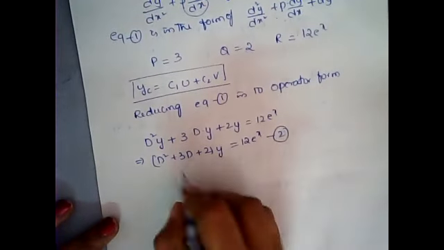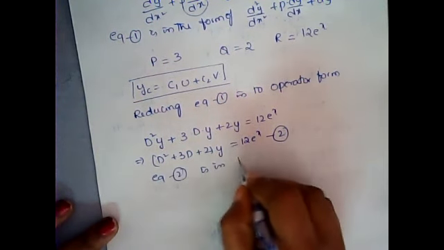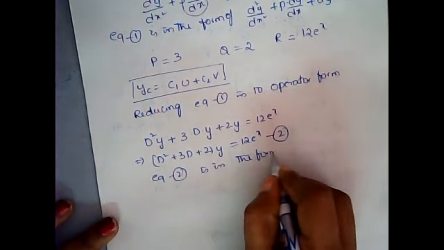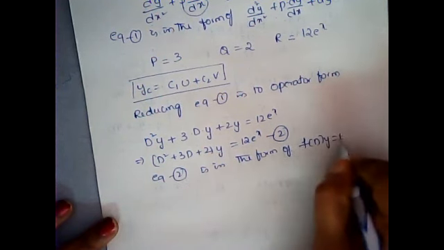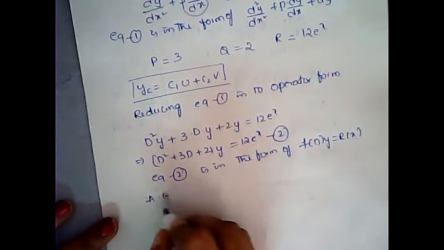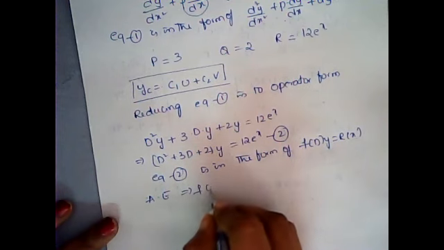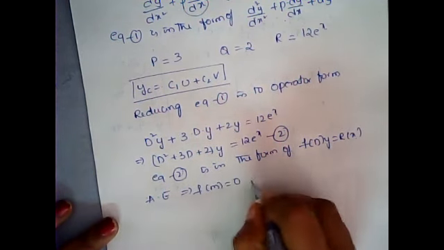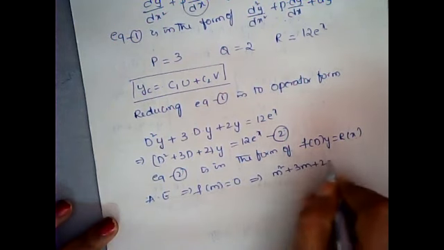Now equation 2 is in the form of f of D whole into y is equal to r of x. What is the auxiliary equation of equation 2? The auxiliary equation is f of m is equal to 0, which is m squared plus 3m plus 2 is equal to 0.